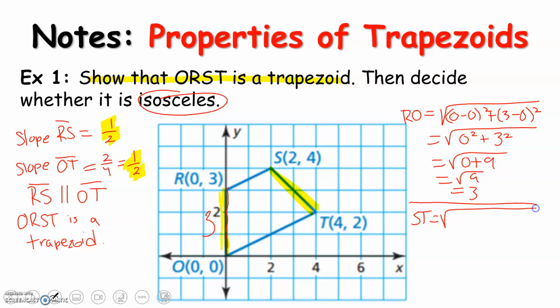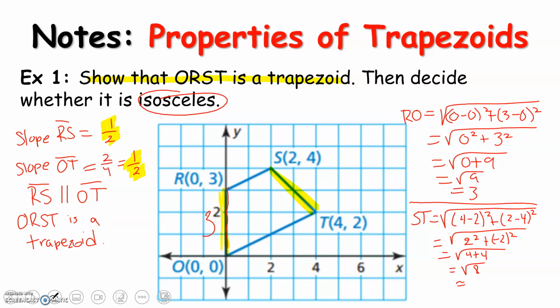So ST, using our distance formula, is 4 minus 2 squared plus 2 minus 4 squared. That is 2 squared plus negative 2 squared. That is 4 plus 4, or root 8, which is not 3.